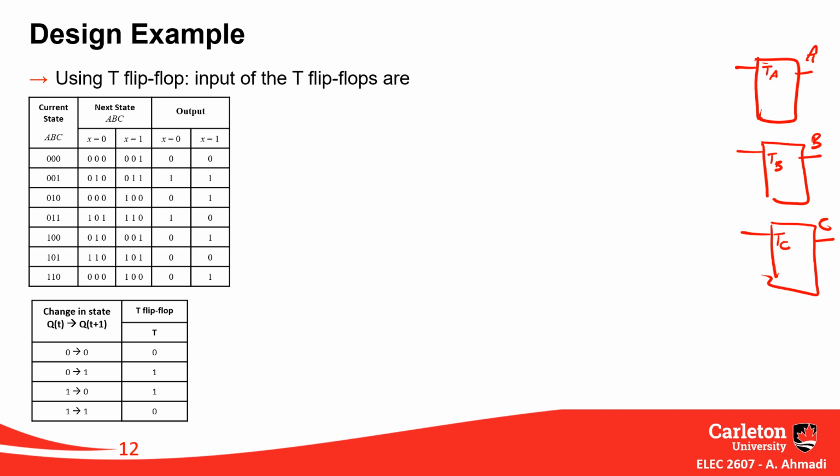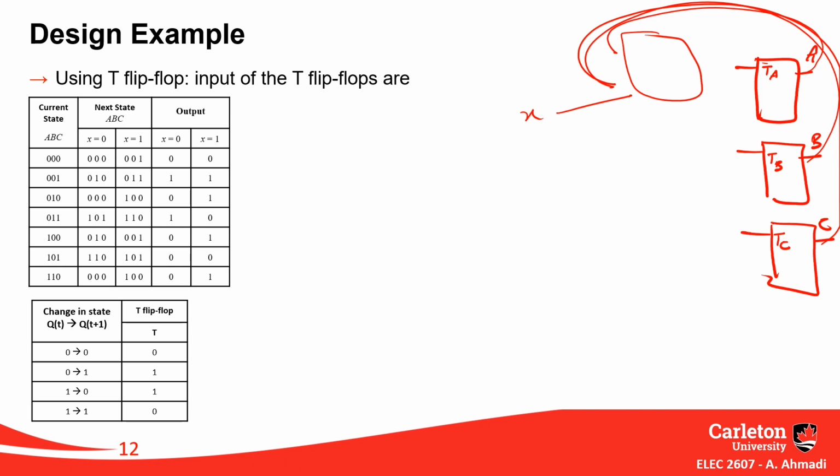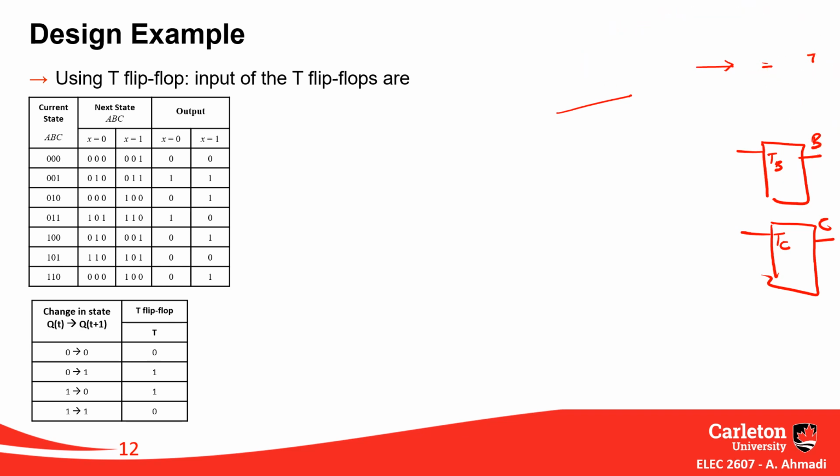I'm going to design a combinational circuit with inputs of A, B, and C plus X to figure out what value of T should be produced to make the transition from current state to next state for each combination of input and current state values.